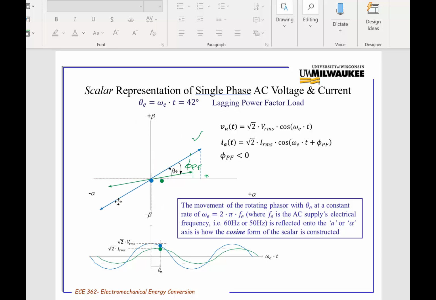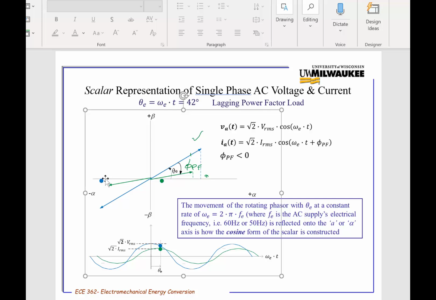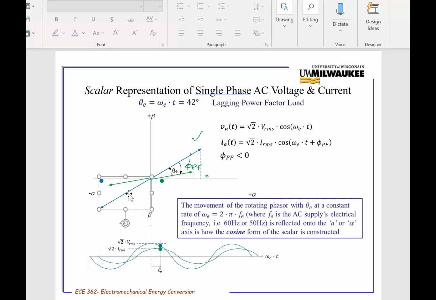So now we're down here, we move to another angle, so the scalar amplitude of the voltage is negative. So when I'm at 180 degrees, let me show that one, I'm at a negative peak amplitude. That's the same point as this point here of the voltage. That's the 180 degrees point.